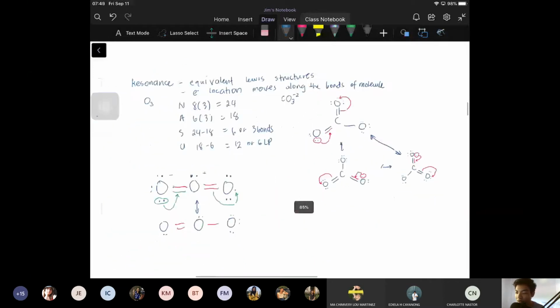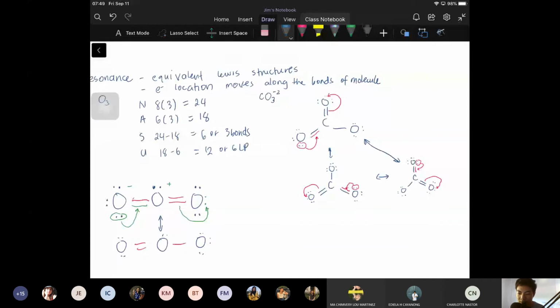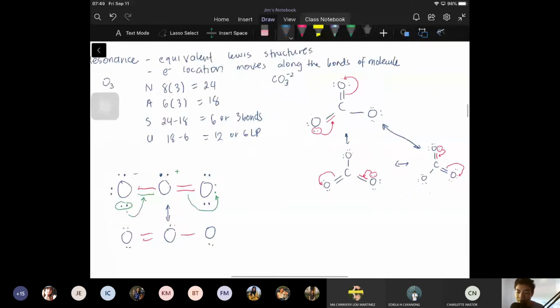Paano yung movement ng electron? Let's summarize this part. The movement of electron in your resonance is lone pair to bond, then bond to lone pair. So that's the idea. Lone pair to bond, bond to lone pair.